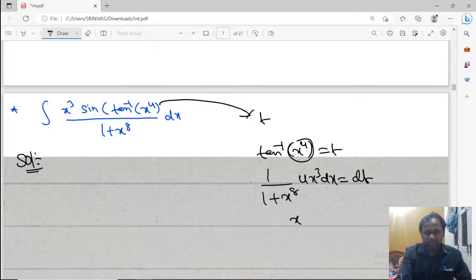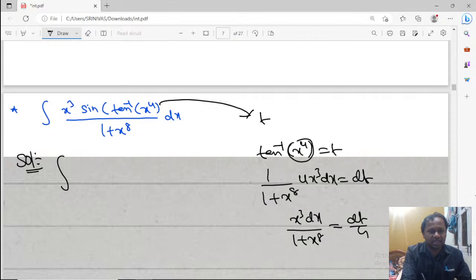So x cube dx divided by (1 plus x power 8) is equal to dt divided by 4. Substitute all values here, integration of sin t. So remaining total will be dt. Sin t integration is minus cos t plus c.